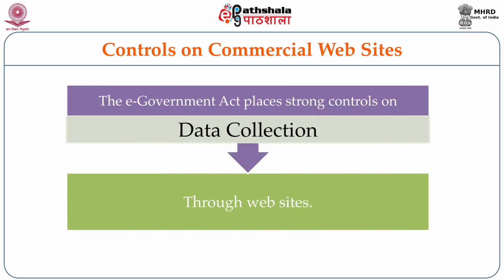The two acts which we talk about, the Privacy Act and the E-Government Act, both apply to websites. Data collected by other means, such as filling up forms, is handled case by case or agency by agency.